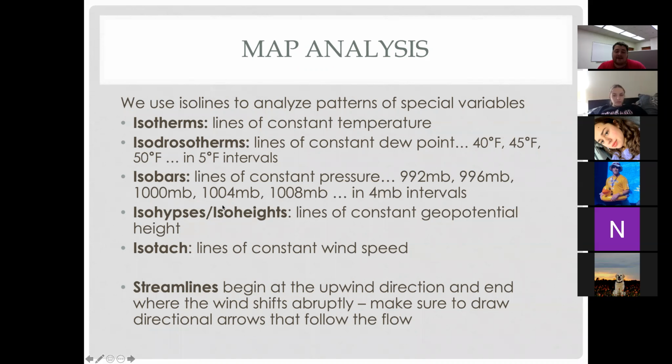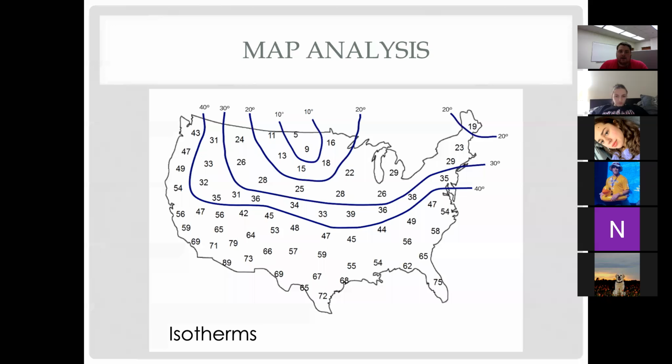Isohypses or isoheights, might be called either one of these, are lines of constant geopotential height. An isotach is a line of constant wind speed. And then streamlines begin at the upwind direction and end where the wind shifts abruptly. Whenever you draw these, you need to make sure that the directional arrows follow the flow.